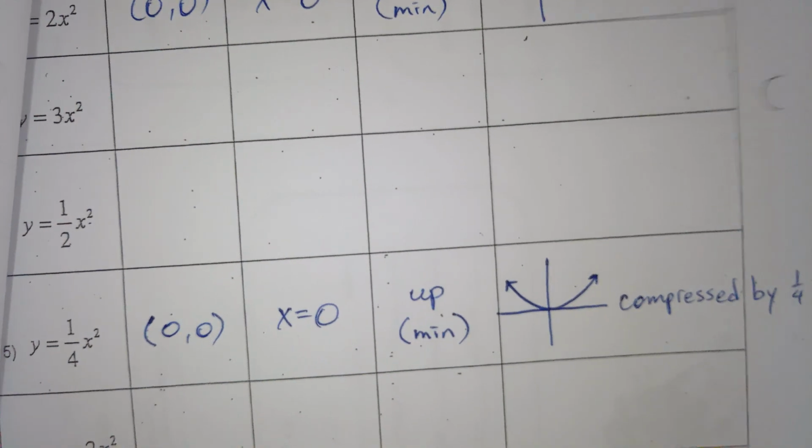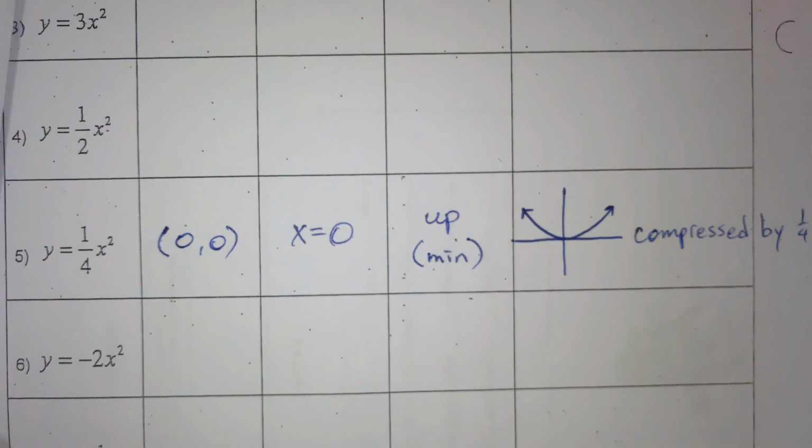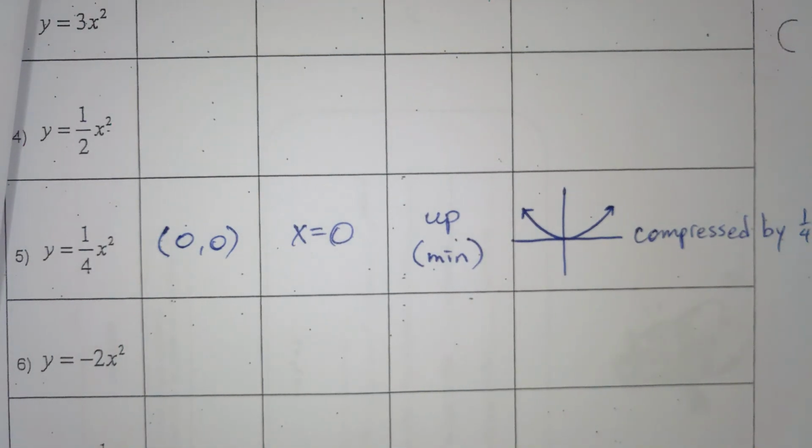Yeah. Okay, so very last one, -2 then. -2, what do you think it does? Flip. Okay, so let me do this different type here. So finally, this one, y equals -2x squared.